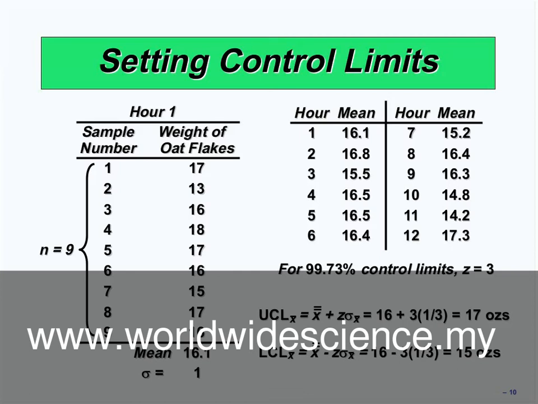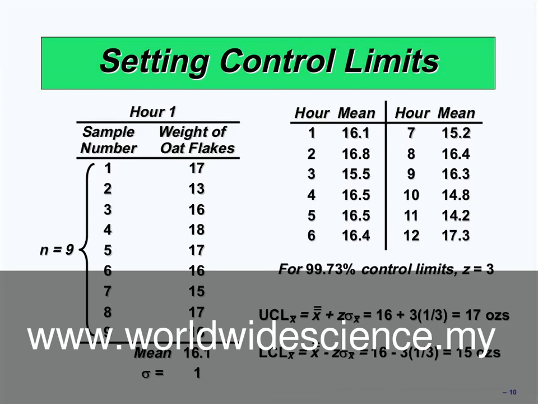Here the result is 16. I wrote it directly here. Z has been given to you as 3. Sigma X bar is different from sigma. Sigma X bar can be calculated by sigma divided by the square root of n. Sigma here is 1. 1 divided by the square root of 9, because n is 9 here.